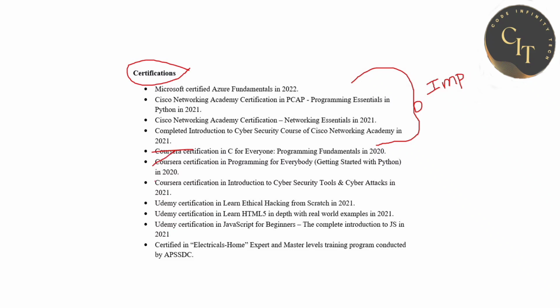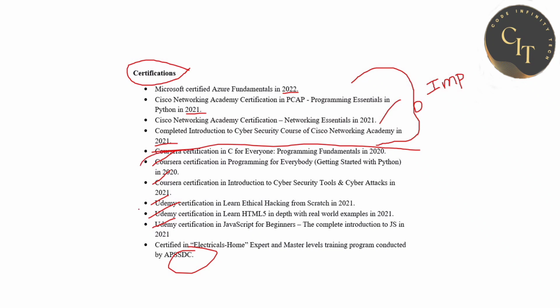If you have any, mention them first, and later you can mention other certifications, like from Coursera or Udemy. Don't mention small certificates here, like a certificate received in a quiz competition; those can be mentioned in another section I will discuss later. I also have a few certifications from APSSDC, which I mentioned.